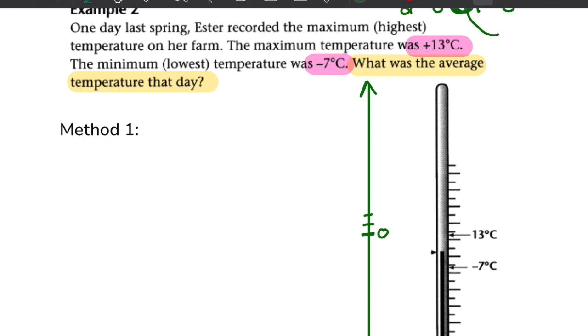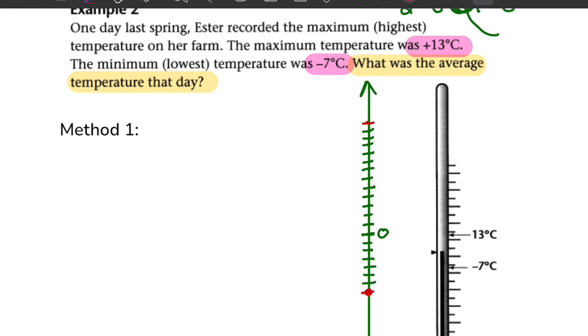So this is 1, 2, 3, 4, 5, 6, 7, 8, 9, 10, 11, 12, 13. Then I'm going to draw -7, so that's 7 below 0. 1, 2, 3, 4, 5, 6, and here is -7.